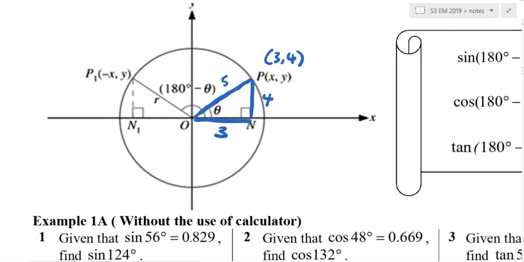Let me set up the other one. Four. Now, the vertical height still 4. The horizontal height now becomes what? Negative 3.